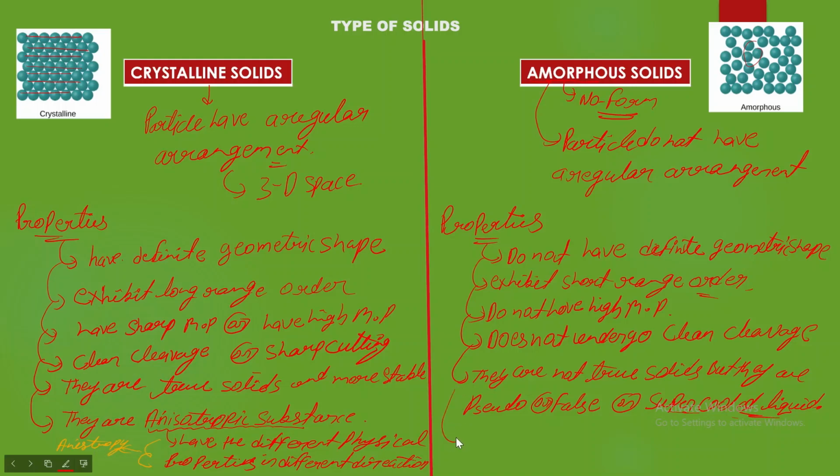Whereas amorphous solids are isotropic substances. Now what is an isotropic substance? It has the same physical properties in all directions.